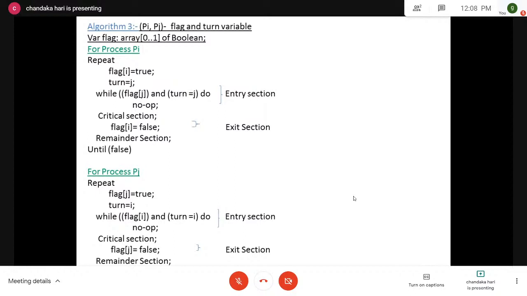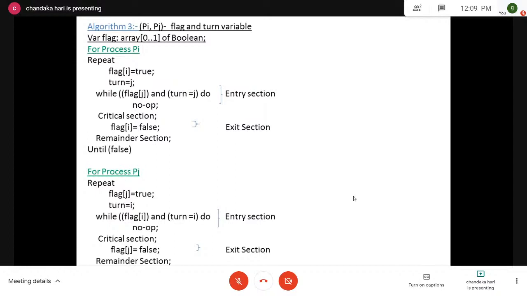Similarly, if process PJ wants to enter into the critical section, flag J must be true and turn must be J. In both cases, the flag values may be true, but turn may be either I or J. Only one value can be held in a variable, so only one process can be allowed into the critical section. There is no concept of infinite loop in this, from theory.